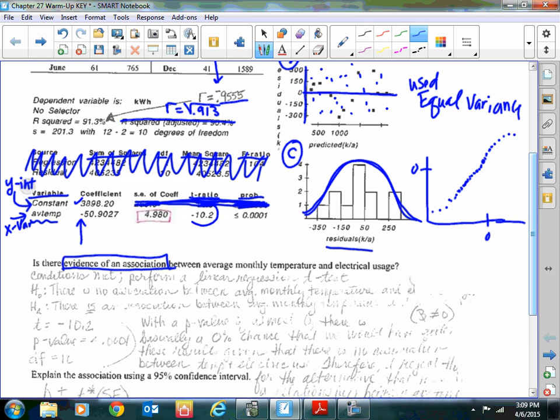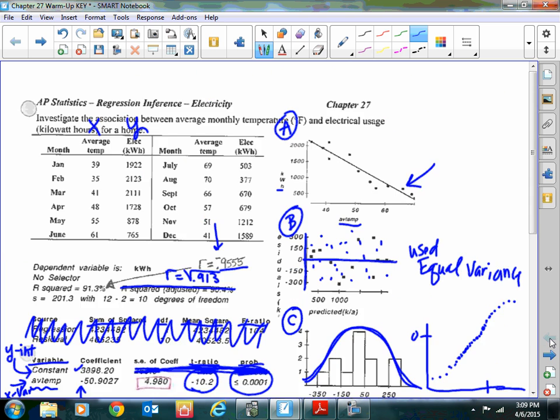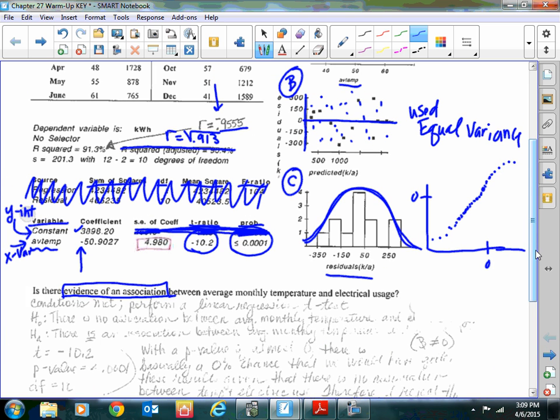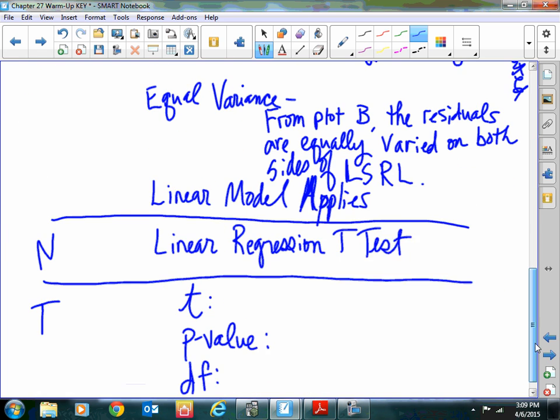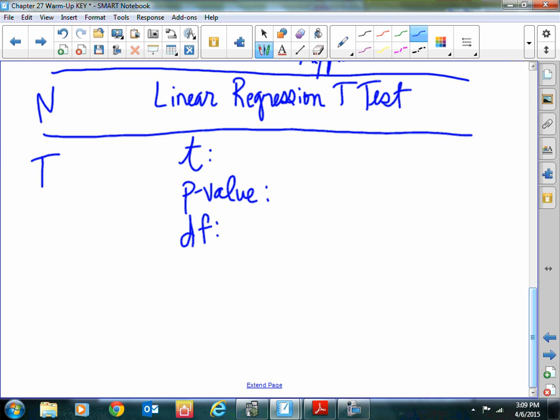So our t ratio is negative 10.2 with a p-value less than 0.0001. Oh, degrees of freedom, let's see, 10. Remember n minus 2, so 12 minus 2 is 10. And so now let's go ahead and write that out. Negative 10.2.